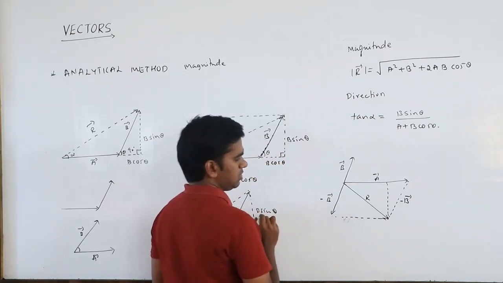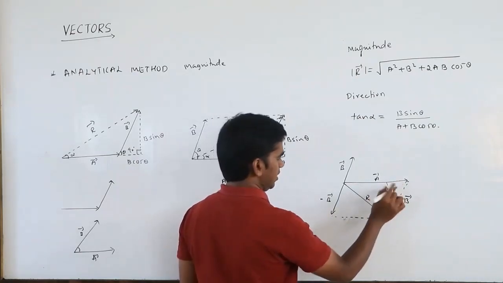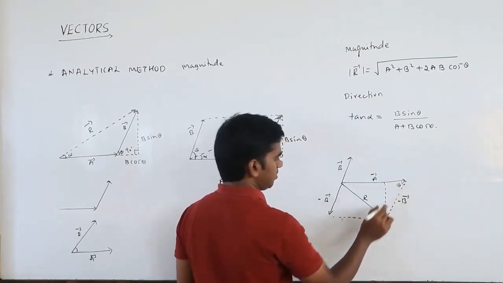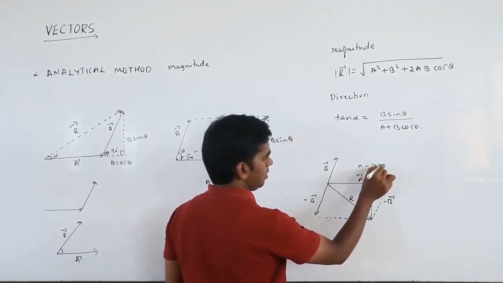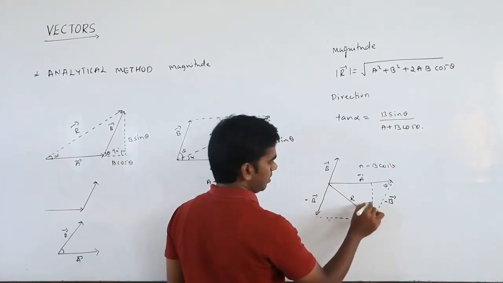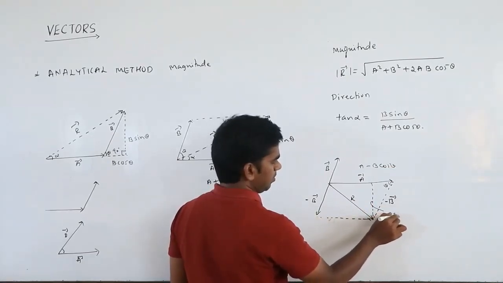So what about this theta? This is going to be theta. If this becomes theta, similarly this will become A minus B cos theta, and this will become B sin theta.